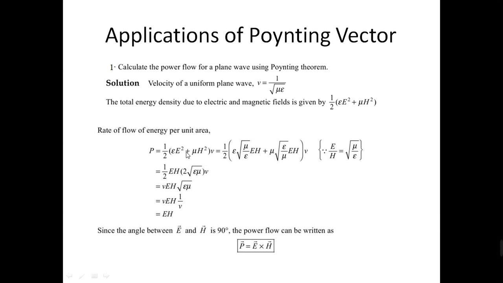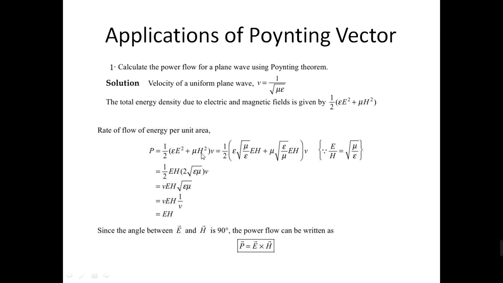So E square can be written as E into E, where one electric field quantity can be written as eta into H, because E by H is equal to eta. Here eta is the intrinsic impedance of the medium. So E will be equal to eta into H, where eta is equal to root of mu by epsilon.